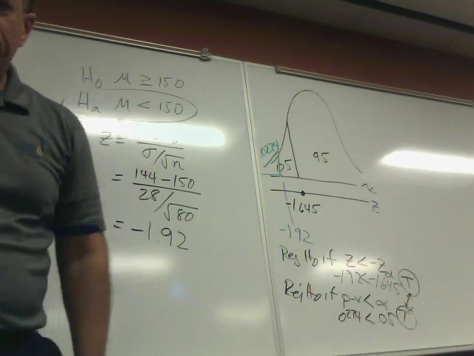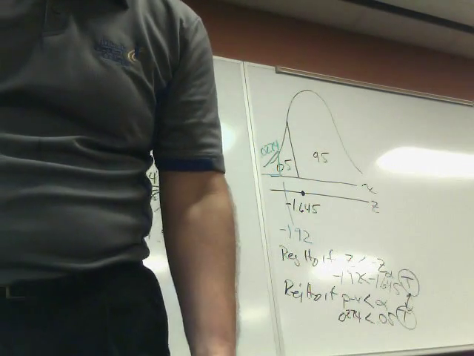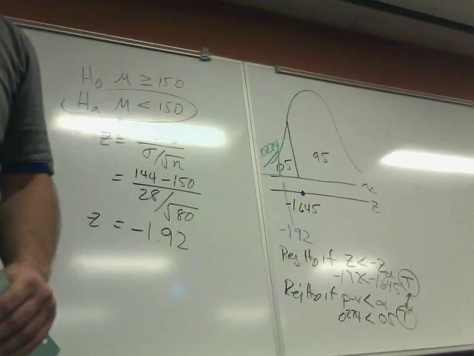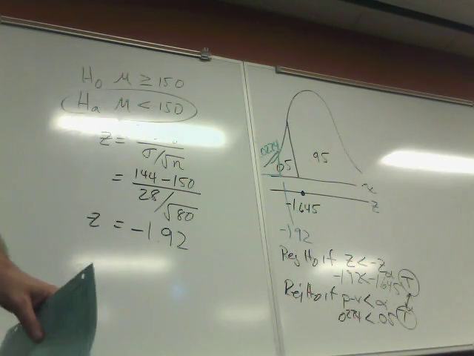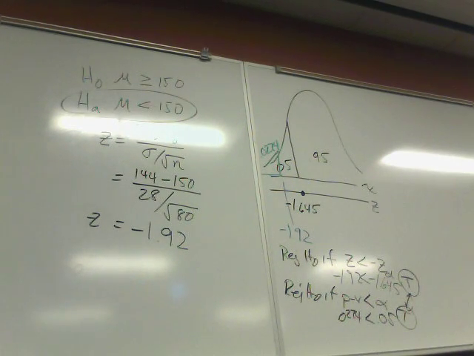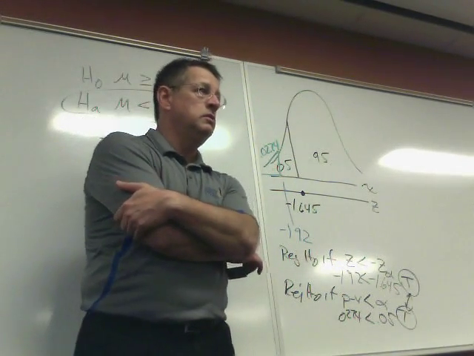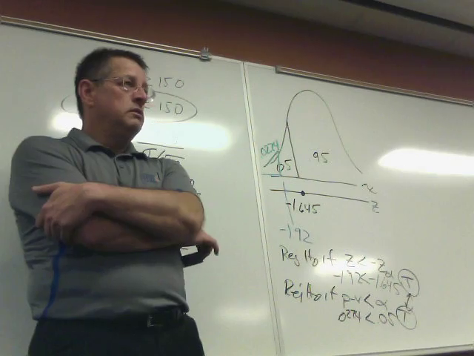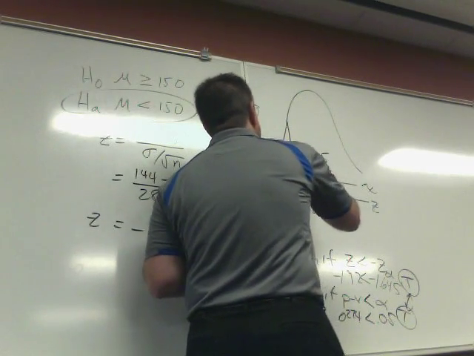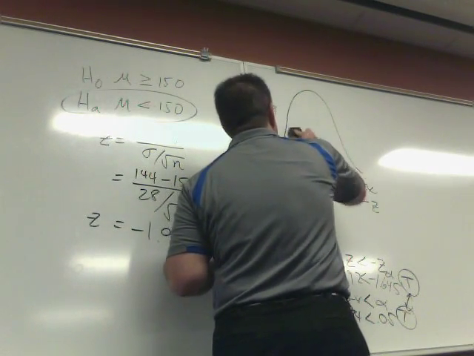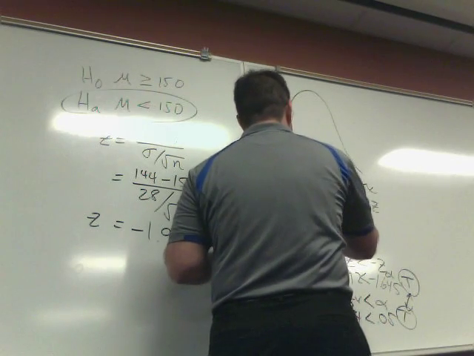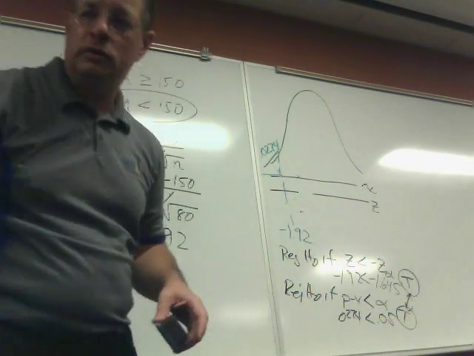Okay? How would this question change when it says that alpha is 0.01? What's going to change when alpha is 0.01? Is our test statistic going to change? Nope, you're right. Alpha changes, so it's going to be a smaller area. And our critical value is going to change.